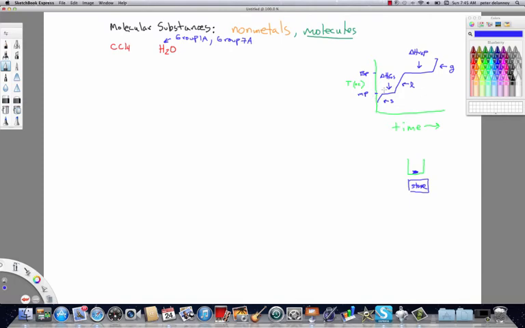Now, what I want to talk about is the force of attraction between these substances, because when we talked about the heating curves in general, we related metals, ionic substances, and molecular substances. And the thing is that the forces of attraction that occur between, say, metals or between ionic substances are different than the forces of attractions that occur between molecular substances, because in the case of the metals, we're dealing with metallic bonds, and in the case of ionic substances, we're dealing with ionic bonds.